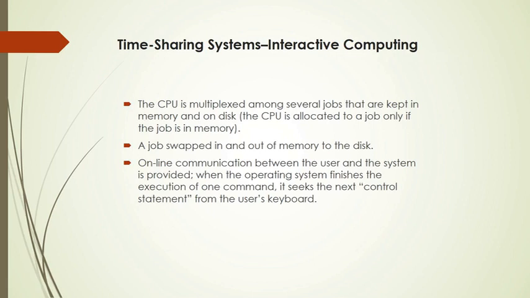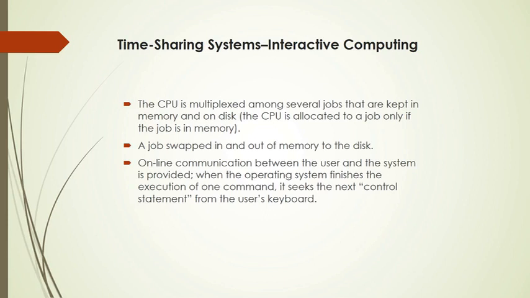Next, let us look at the time sharing system. In a time sharing system, the CPU is multiplexed among several jobs that are kept in memory and on disk. For example, let us consider there are 10 jobs in the system. The CPU will switch from the first job to the second job, then the third, then the fourth. But how is it different?